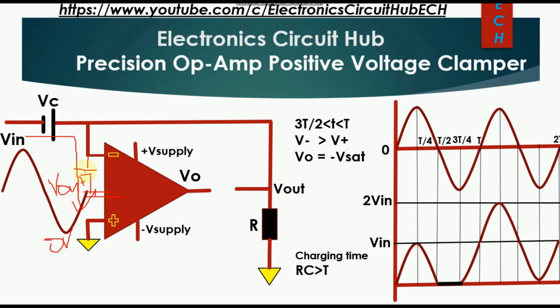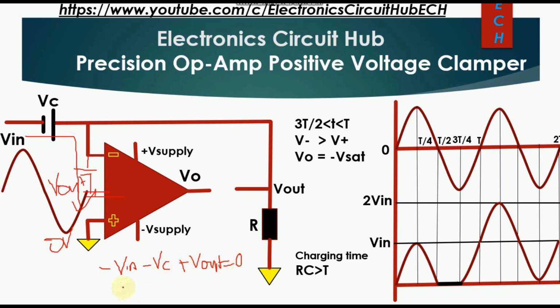So again you will apply KVL here, KVL in this loop. Minus V in, minus Vc, since your capacitor is charged now, plus V out equals to 0.